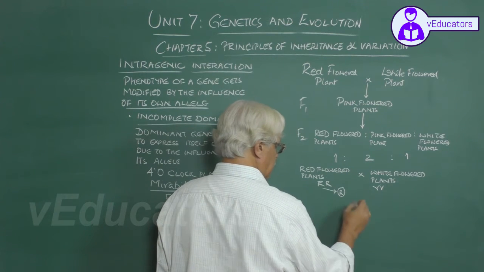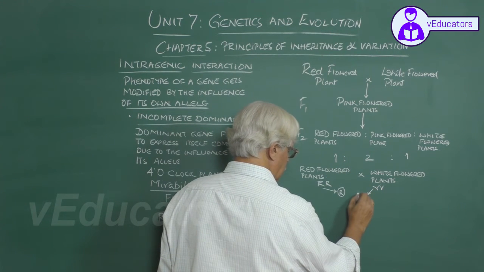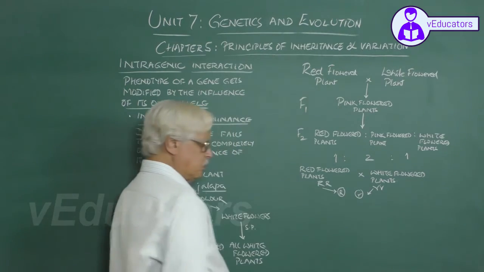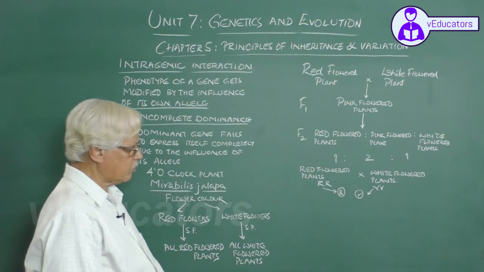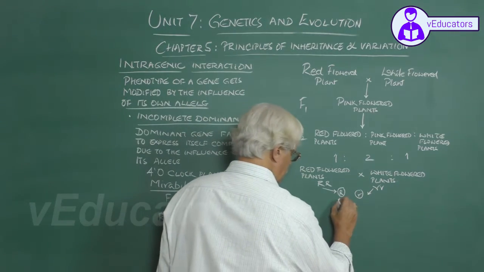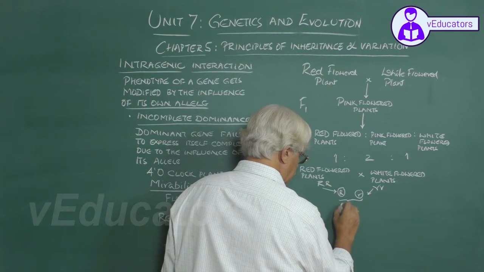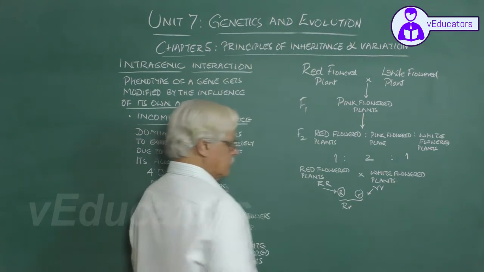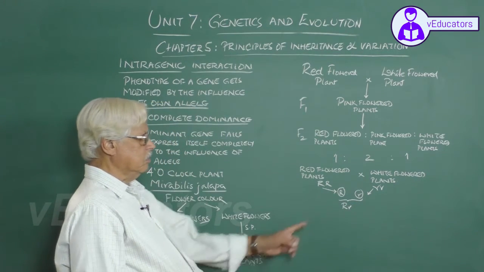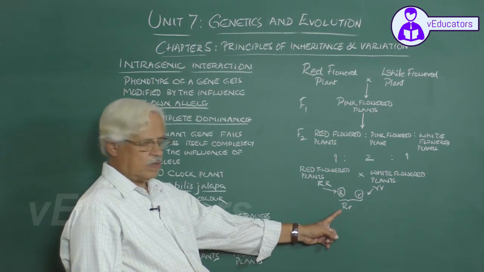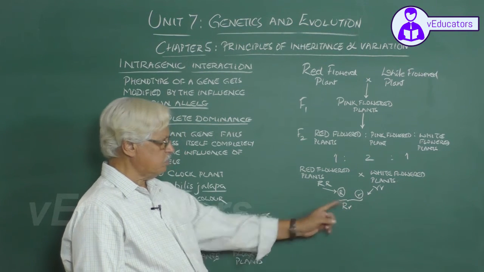Capital R will be the gamete here, small r will be the gamete here, fusion of these two results in a genotype capital R, small r.